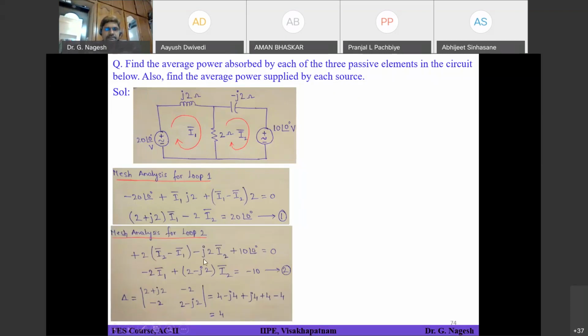So you should get something like this. Did everyone get it? Yes, sir. Okay, simple mesh analysis only. We have already seen that. So you have to start from this point and complete the mesh. You have to write the equations. So you'll get this kind of expression for equation 2.